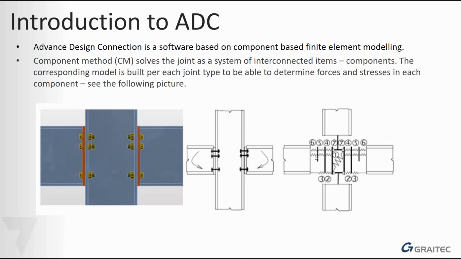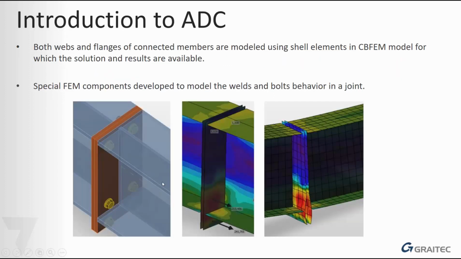So if I want to continue my slide, as you see here, the webs and all of the connected members in ADC have been meshed using shell elements. And also, as you know, modeling elements such as welds or bolts in finite element software is a bit complicated, and normally we do not have a special element for those kinds of entities.